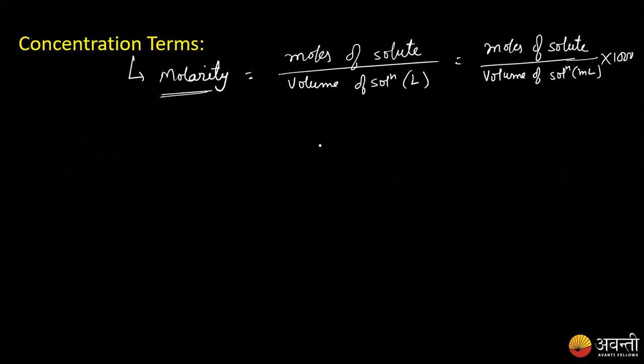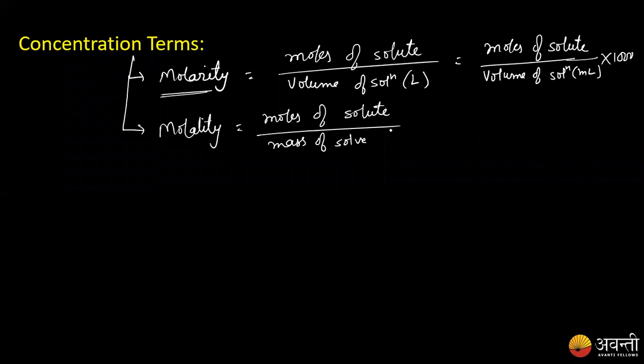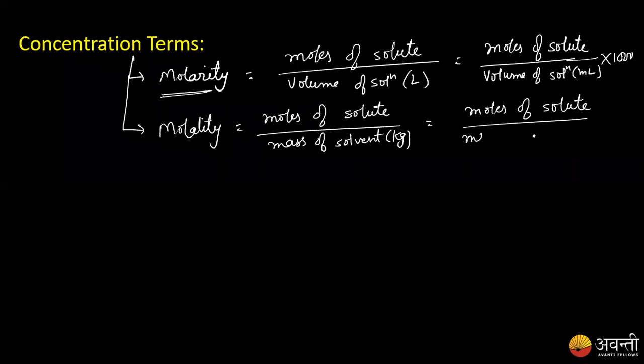Okay. The second term is molality. Molality is moles of solute divided by mass of solvent in kg, or if you take mass of solvent in gram, then it will be moles of solute divided by mass of solvent in gram into 1000.